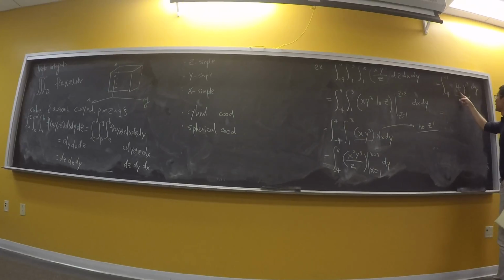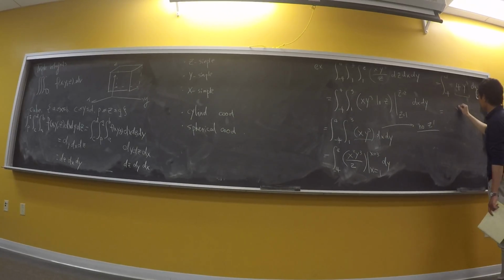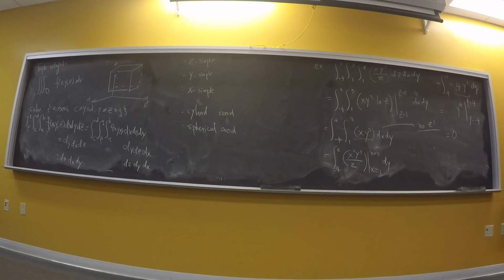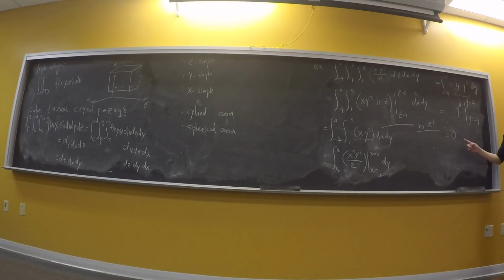So the antiderivative for 4 y cubed is going to be y to the fourth, and then evaluate between y equals minus 4 and y equals 4. So in the end, I get 0. All that work to get 0. I can still go back and use my simple principle to see whether 0 makes sense.